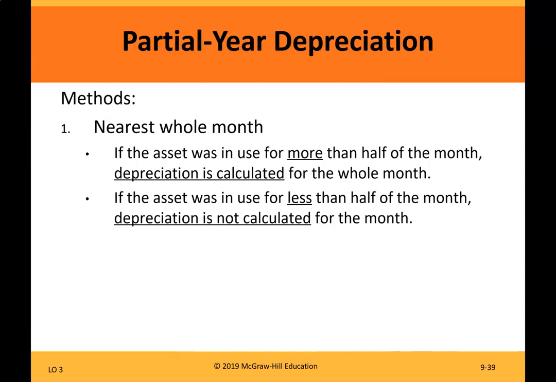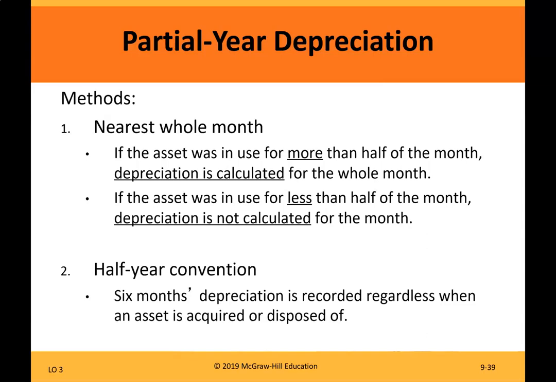If the asset was in use for less than half of the month, depreciation is not calculated for the month. Half-year convention: 6 months depreciation is recorded regardless of when an asset is acquired or disposed of. So we most often use that one in real life, but for your purposes, you're most likely using method 1.